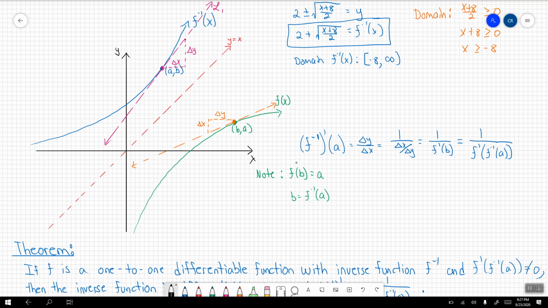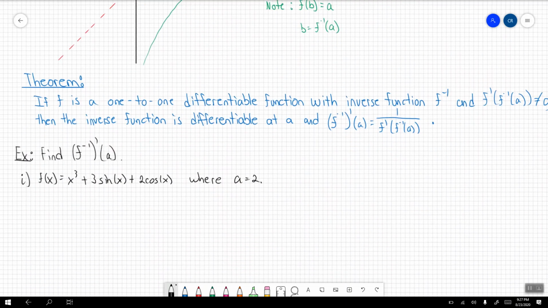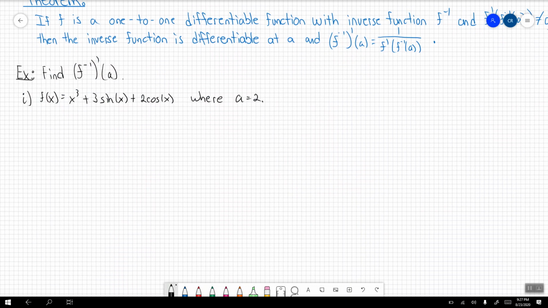And this is the key right in here: whatever a we are given is the output for the function itself. So when I'm looking at this function, what I'm looking for is, when is f of x equal to x cubed plus 3 times sine of x plus 2 cosine of x, when is this equal to 2?